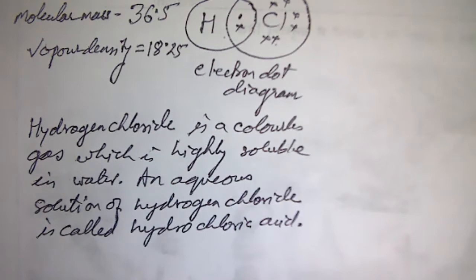So whenever we talk about acids, bases, and salts, we have already dissolved it in water, isn't it? So hydrochloric acid means it is a solution of hydrogen chloride in water. Understood? So this you have to know.